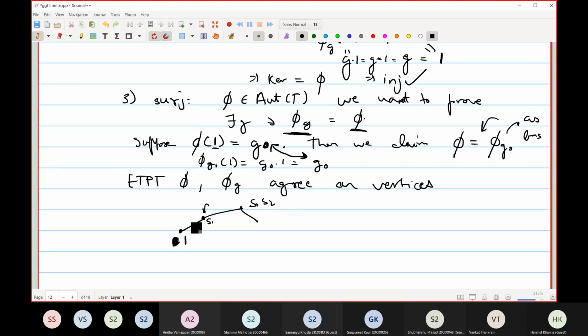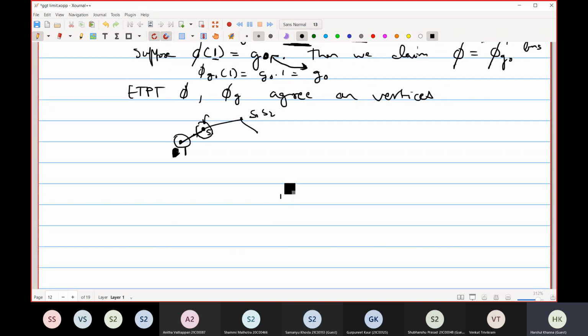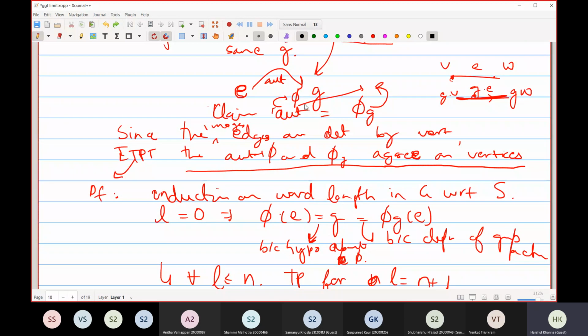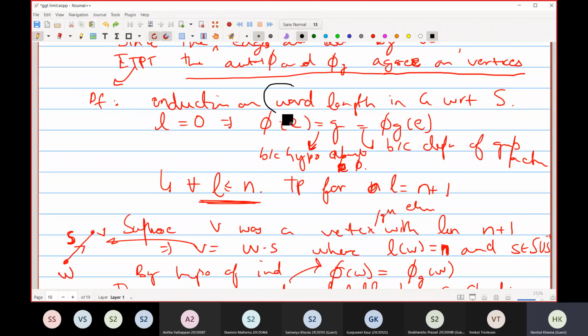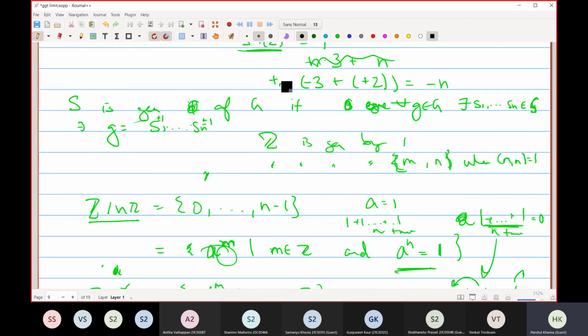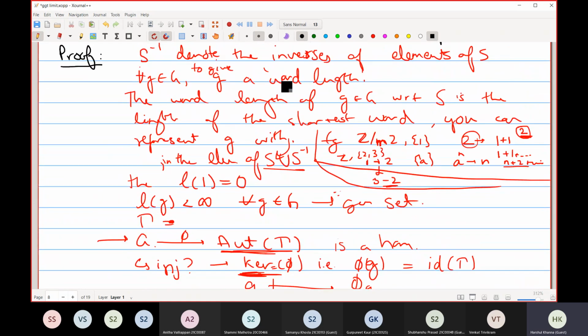So notice what we are doing here: first of all, we proved it for 1, then we prove it for the vertices which are one edge away from there. That's how we come to the notion of, let me scroll back to the previous day's slides, word length. So in G with respect to X, how do we define word length? Have I defined this before? I must have.